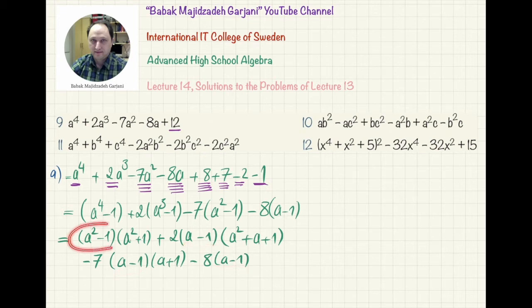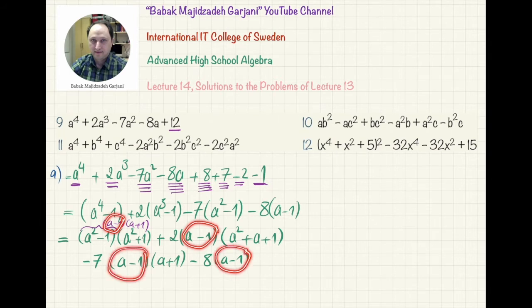The only obstacle is that this is a squared minus 1, but I can easily solve that problem, because this one on its own is a minus 1, a plus 1. Now look, this term has a minus 1. A minus 1, a minus 1, a minus 1.